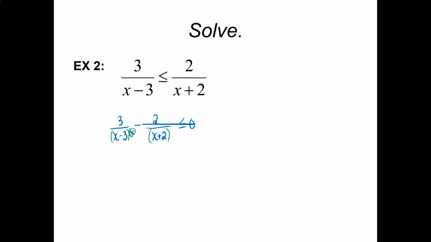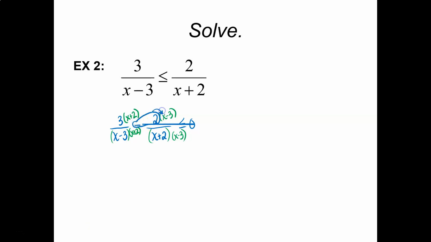So this first fraction needs to be multiplied by x plus 2 in the numerator and denominator. The second one needs an x minus 3 here. And so be really careful right here with this negative, that makes that 2 negative.